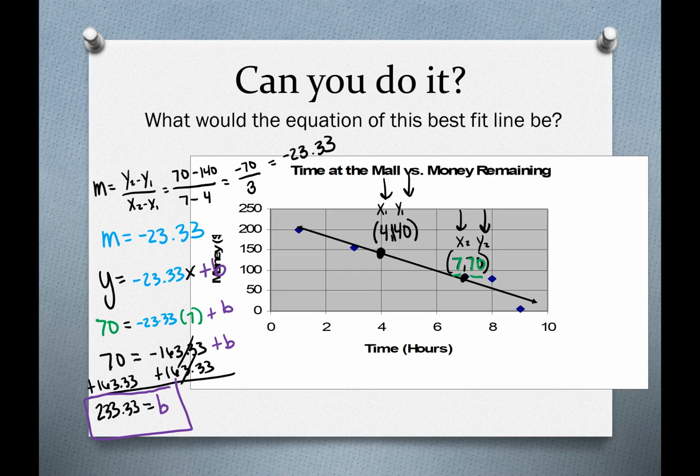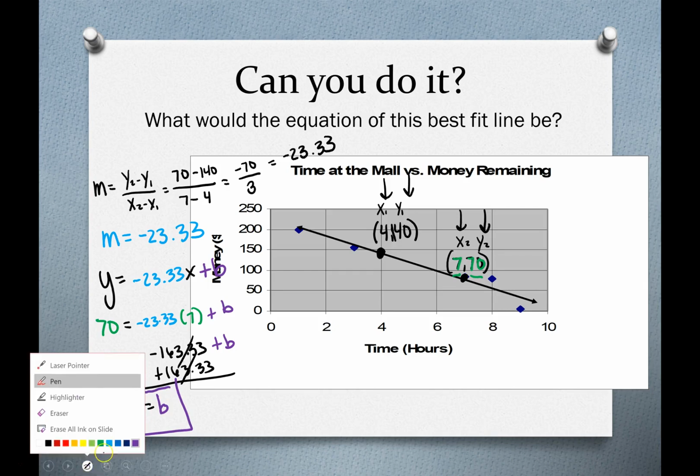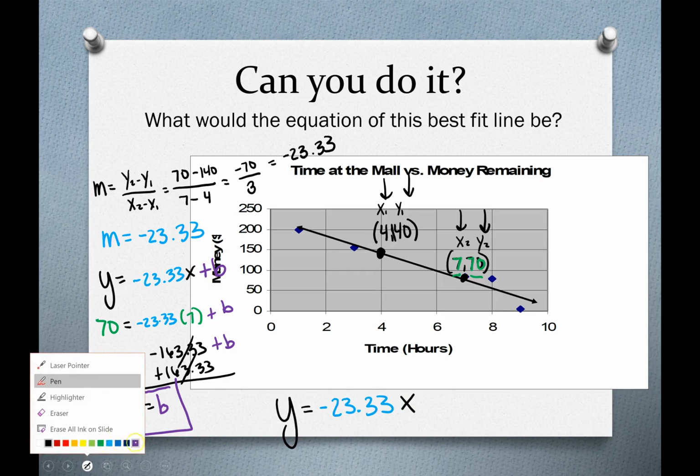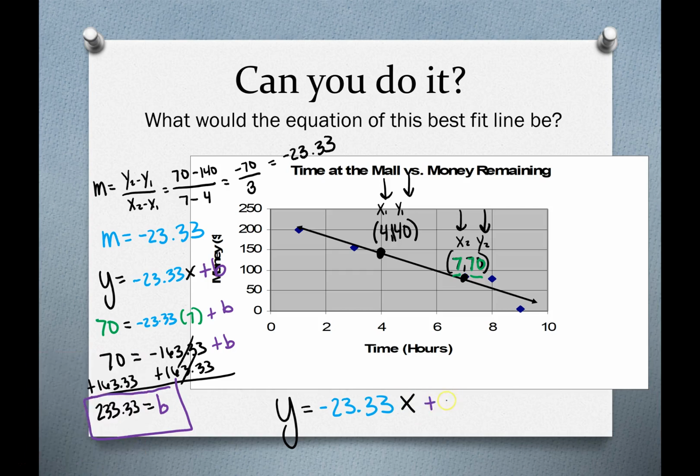So my final step is going to be to write the full equation with the blue slope and the purple y-intercept. My equation is y equals negative 23.33x plus our b, which is a positive 233.33.